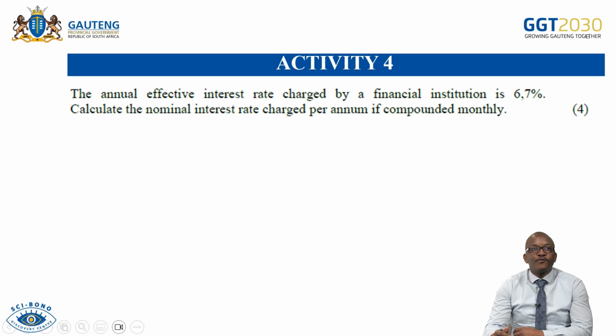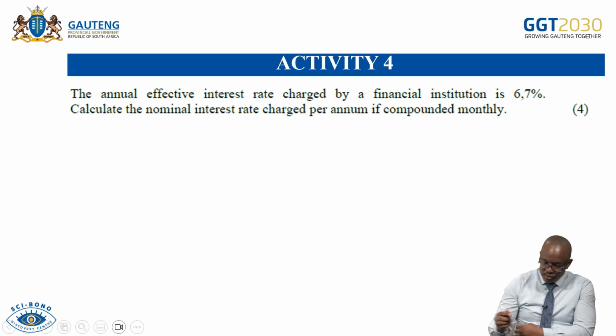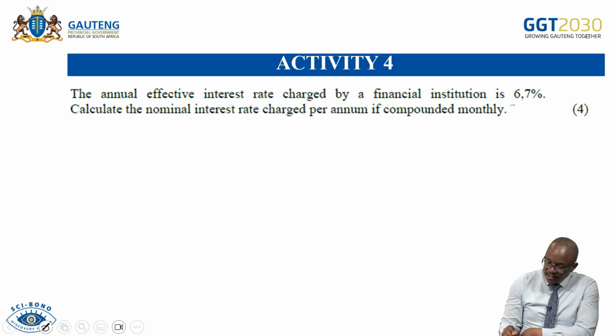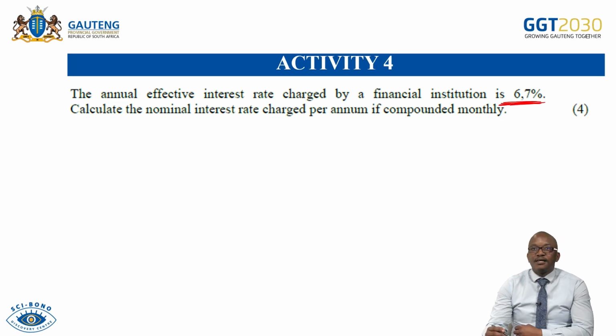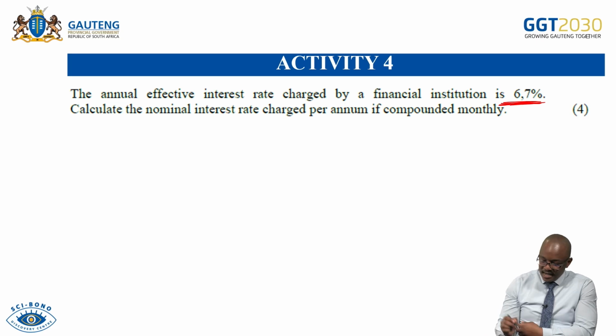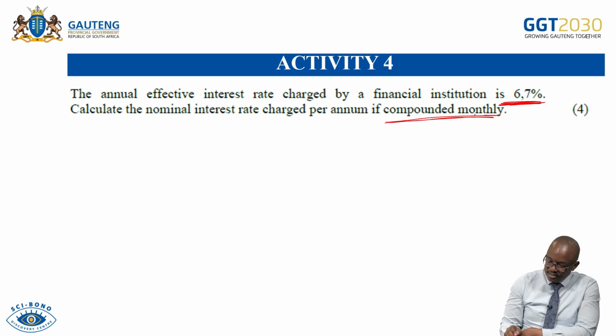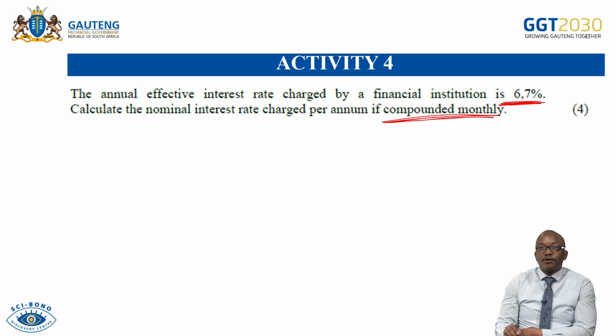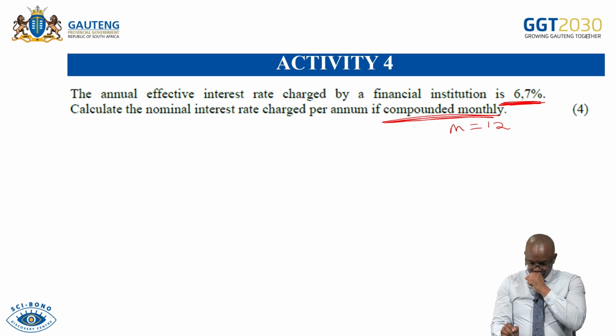But now moving forward, we have the annual effective interest rate charged by a financial institution is 6.7%, correct? Calculate the nominal interest rate charged per annum if compounded monthly, correct? So now we have the effective interest rate as 6.7%, and the interest is compounded monthly, which is M equal to 12.